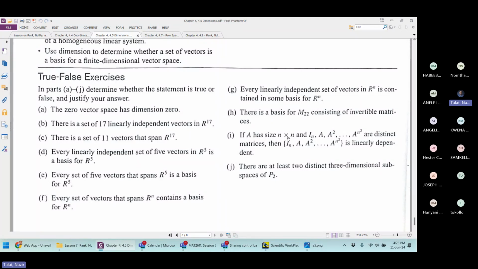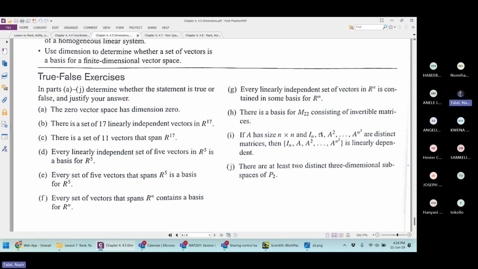If A is an n x n matrix, and I_n, A, A squared and so on are all distinct, then they are linearly independent. One can see that if A is a 2x2 matrix and the elements are distinct from each other, it doesn't mean they are linearly independent.